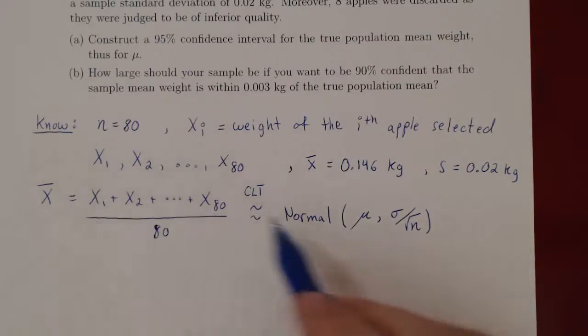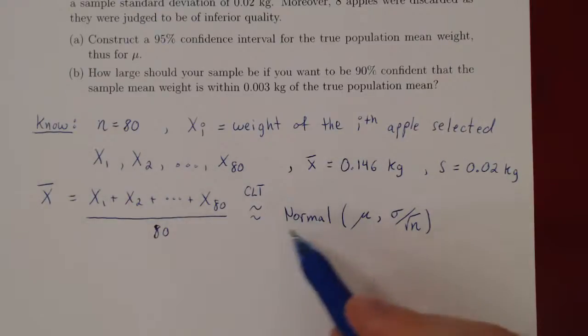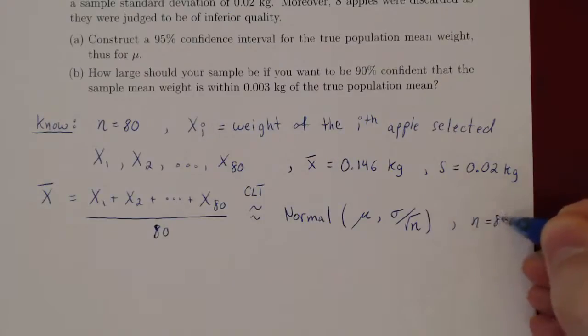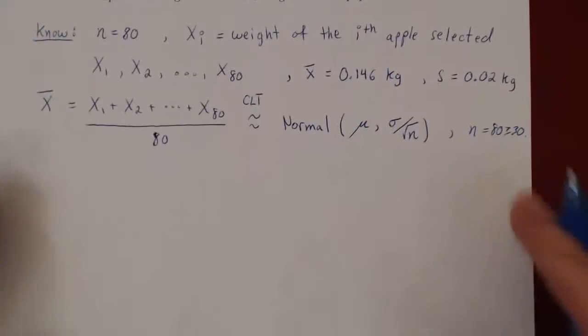Well, now we have to form here our statistic. If you think of it, you have a roughly normal random variable, again, since n being 80 is way above 30. So now we know that we can standardize our sample mean. Right?